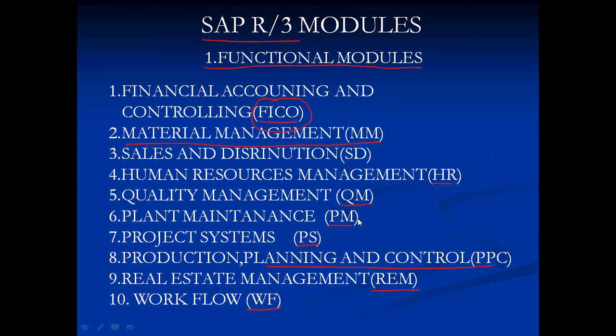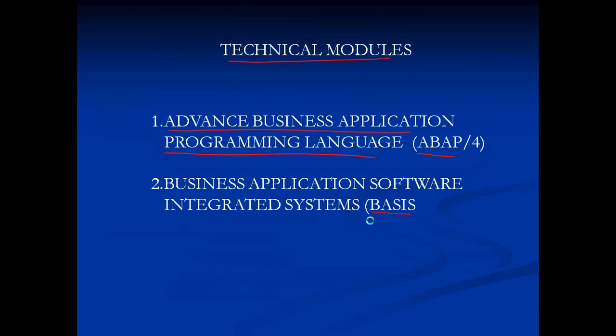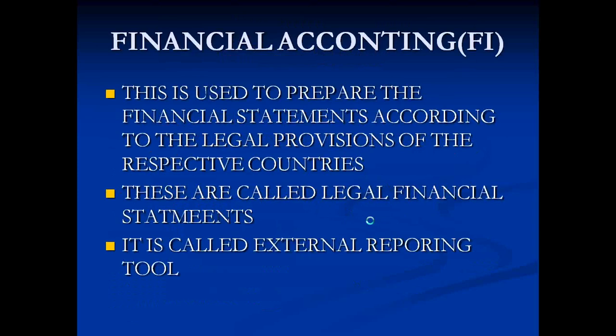Now, this FICO is a very in-demand module and it is a combination of two modules. FI stands for financial accounting and CO stands for controlling. Using the financial accounting component, we can prepare the financial statements according to the legal provisions of the respective countries.